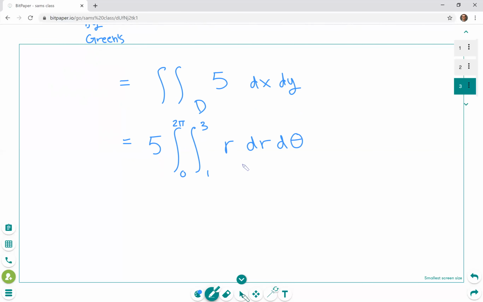Okay. So this is our integral. We get 5 times, right, this function here is just r, and this is independent of theta. So the integral 0 to 2 pi of d theta, that just multiplies it by 2 pi. And then integrate r dr, that's 1/2 r squared.